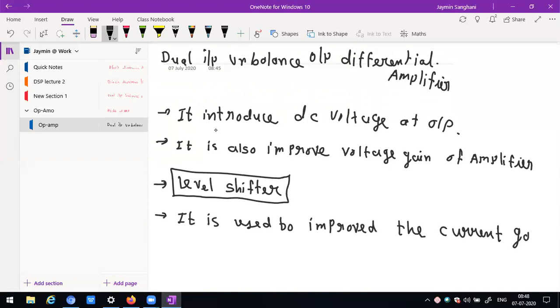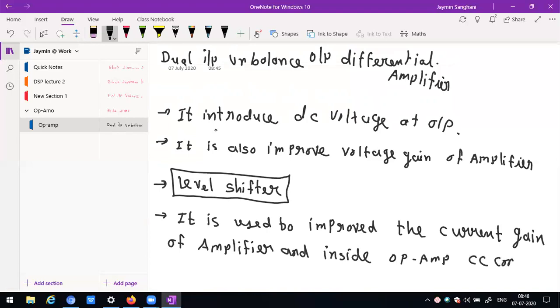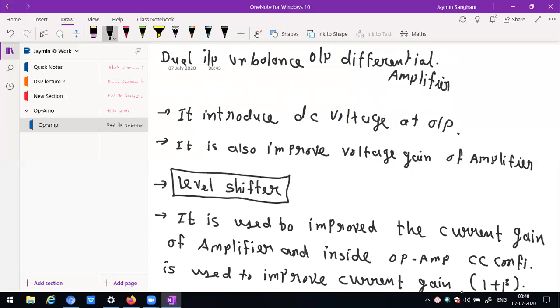Inside the op-amp, common collector configuration is used to improve the current gain, by a factor of 1 plus beta. So this entire page you have to write in the examination.